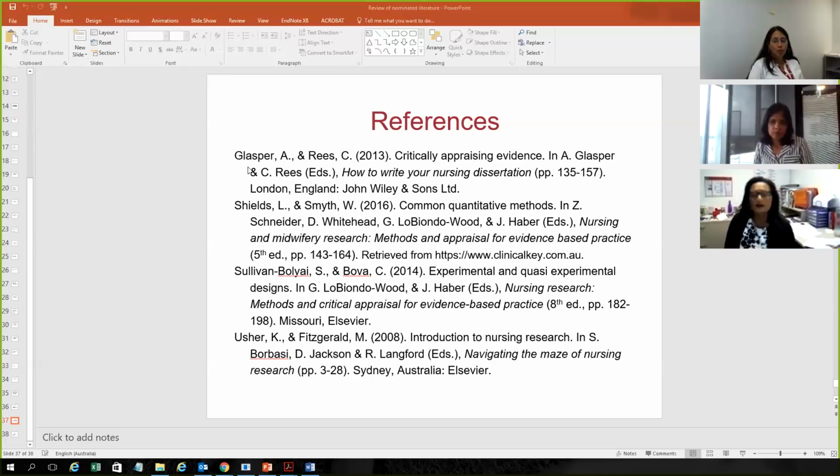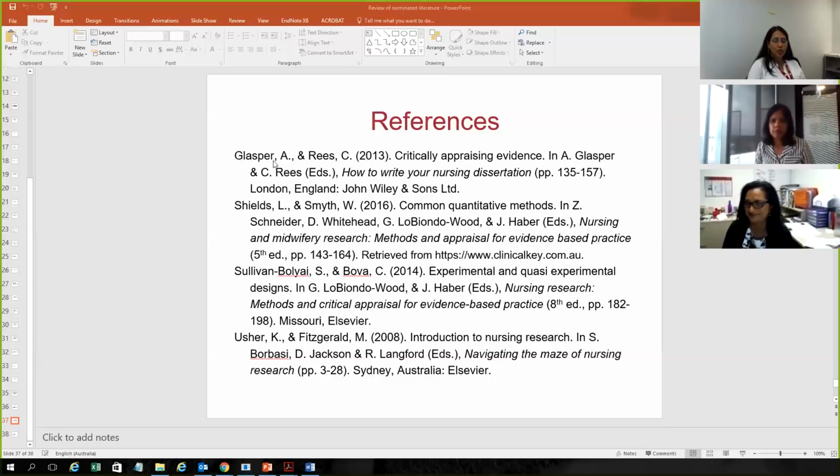So first you need to put the name of the chapter writer. Then the year of publication. That's the title of the chapter. Now here you have the name of the editors. So when you put the name of the editors, first you put the initial, followed by the surname. You do the reverse of what you did in the first part. It is strange, but that's how you reference it.